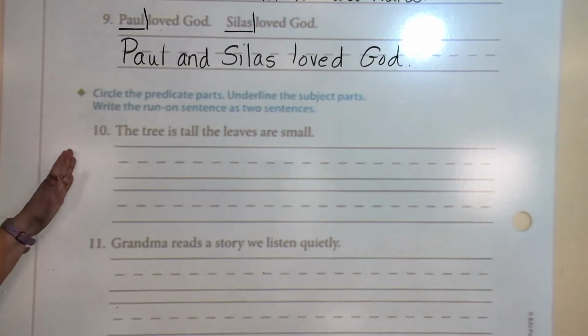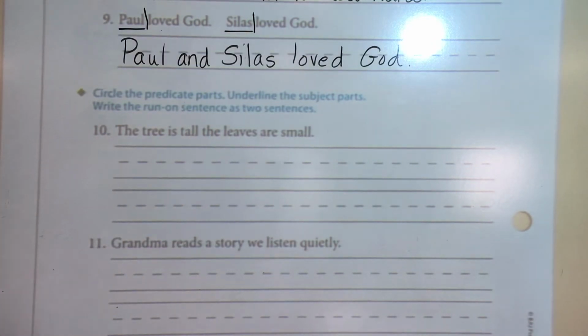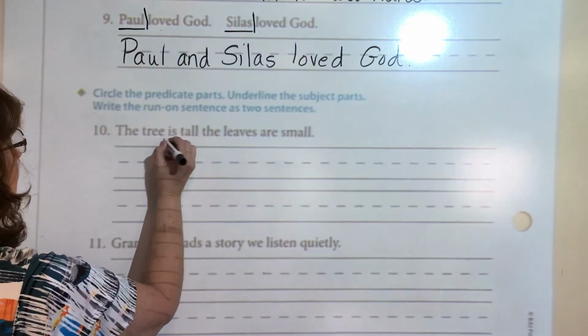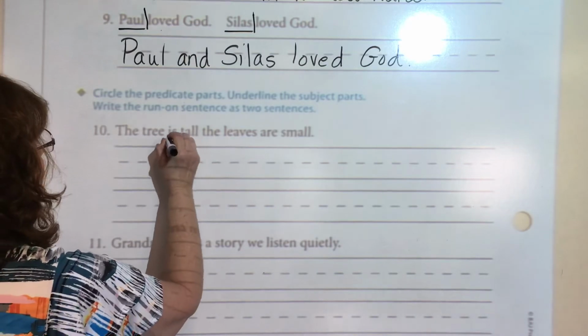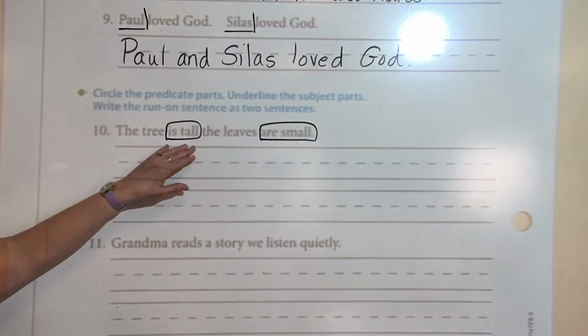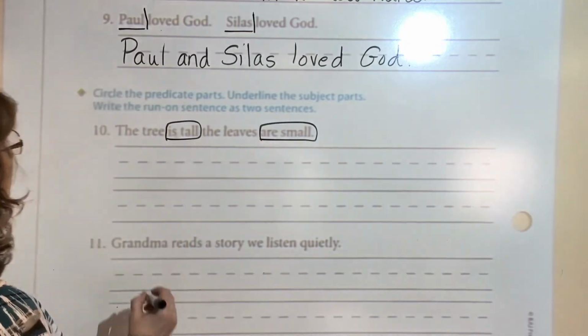Okay, down here, we're going to circle the predicate parts, underline the subject parts, and then write the run-on sentence as 2 sentences. The tree is tall, the leaves are small. So we're going to circle the predicate parts. The tree is what? The tree is tall. The leaves are what? The leaves are small.